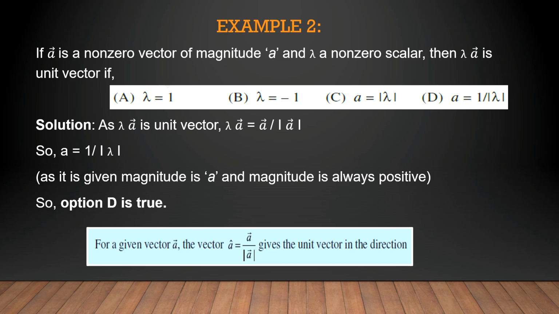Why mod lambda? Because the magnitude of the given vector is A and magnitude is always positive. So even if lambda is negative, you need to find the value which is positive. So it is 1 upon mod lambda. So the answer is option D. Your A should be equal to 1 upon mod lambda.